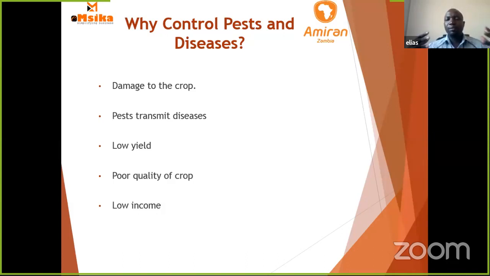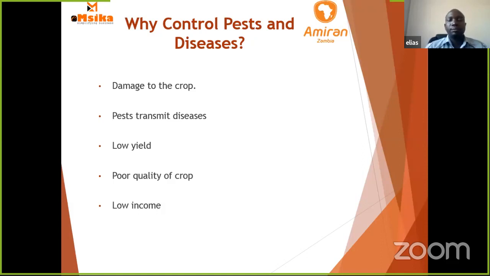So the pest, when it invades the field, the intention is to feed from that field, but in the end, it also destroys, it damages the crop by bringing deformities and other things that come when the crop is attacked by the pests, as well as getting nutrients which are supposed to go to the plant.